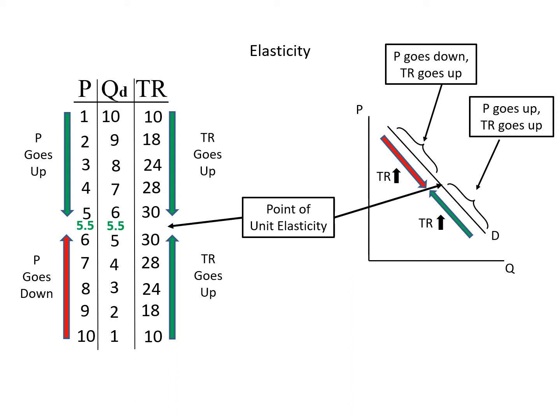We can easily interpolate that the quantity demanded at a price of 5.5 will also be 5.5. Because, of course, total revenue is price times quantity, the total revenue at the point of unit elasticity on this demand curve is 30.25. This is the point that maximizes total revenue.